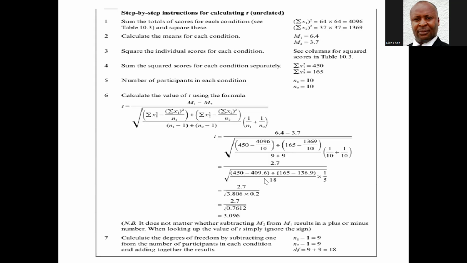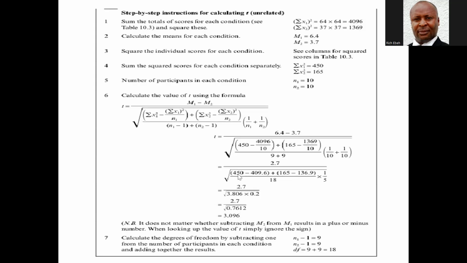So you just do your additions after you must have done this. Take note, you add those in the bracket following the BODMAS rule. Those in the bracket, 450 minus 4096 divided by 10, you finish this first and then you do the other separately. Whatever result you obtain from each of them, you now add them up.